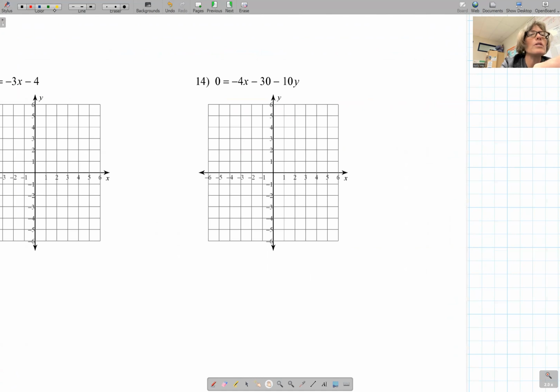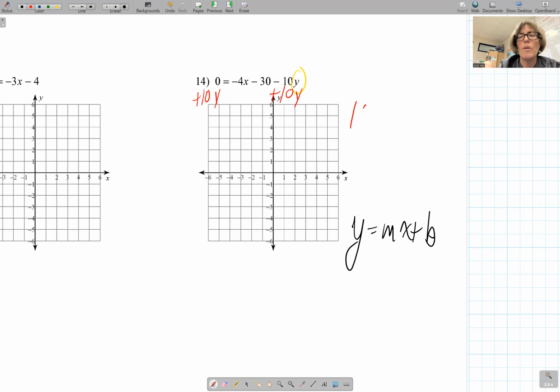Number 14. Your goal is to get y by itself. So remember, what you're shooting for is y equals mx plus b. So taking a look here, I'm going to take that 10y over to the other side. The opposite of negative 10y is positive 10y. So I'm going to get 10y equals negative 4x minus 30.